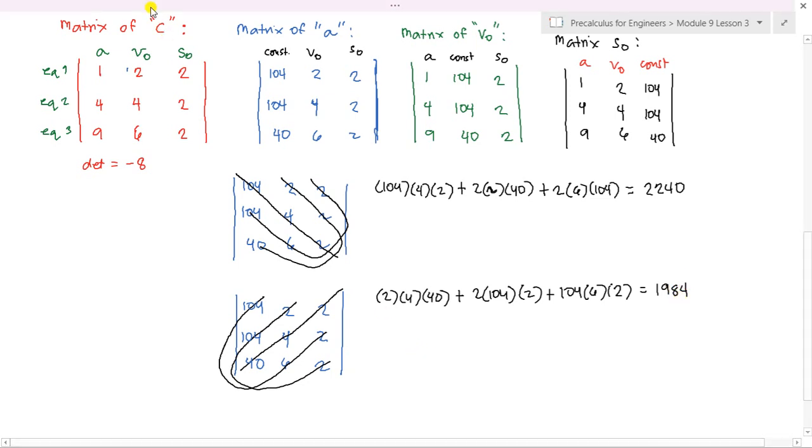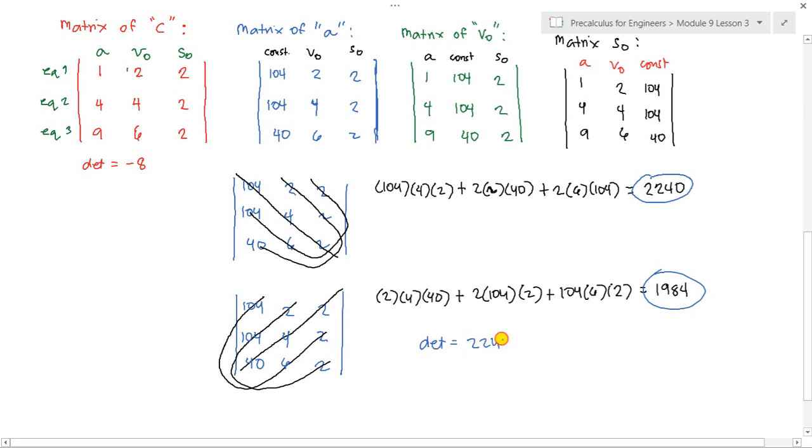So again, how do we solve the determinant? The determinant is equal to, what operation do we use? Minus, sir. Okay, is it 1984 minus 2240 or the reverse? It is 2240 minus 1984.